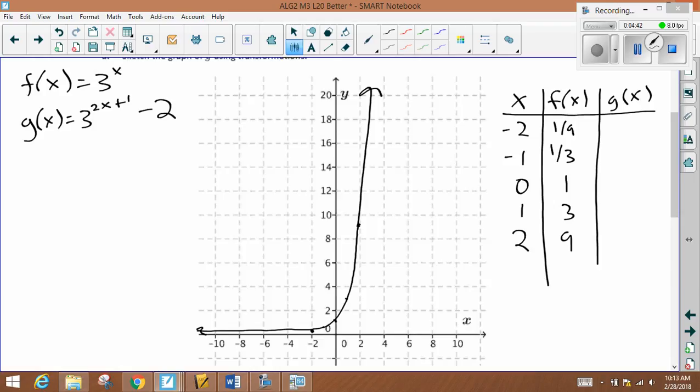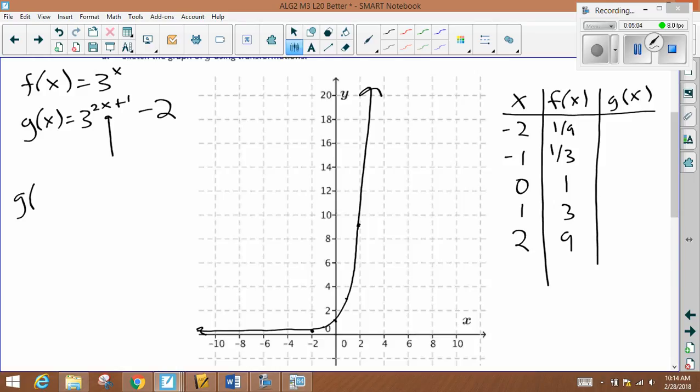Okay. What happens when I plug all those numbers in there for g of x? Well, if I plug negative 2 in there, negative 2 times 2 is negative 4, negative 4 plus 1. So let's actually go ahead and do that.